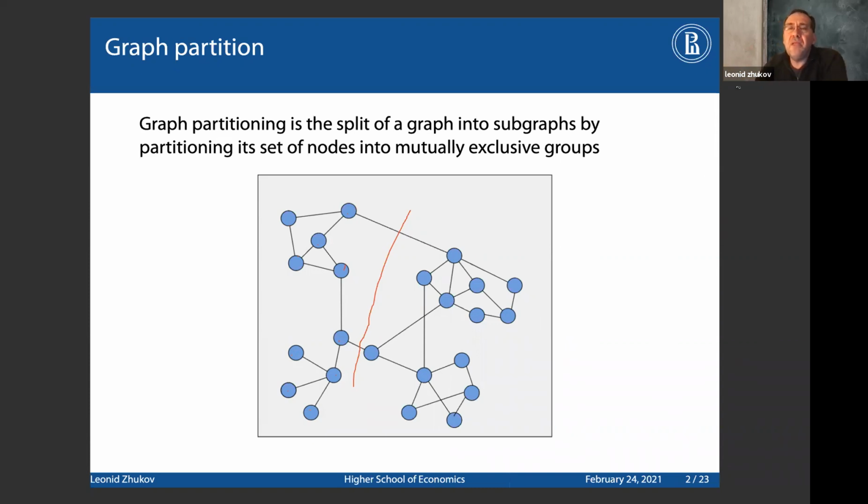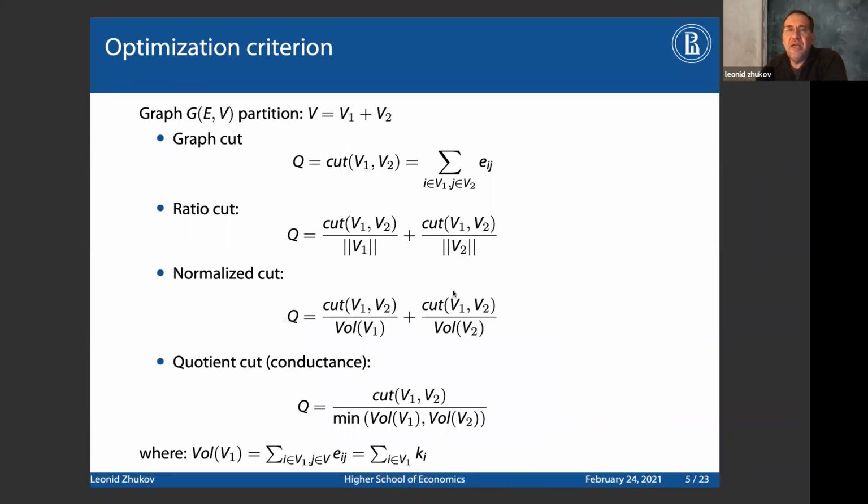Okay. So these are what the cuts are, right? This is a cut. Now, how do we use this? Well, as I discussed, we need to select the way to optimize things, then we need to find out what we're actually optimizing. So if we just split the graph into 2 parts, right?